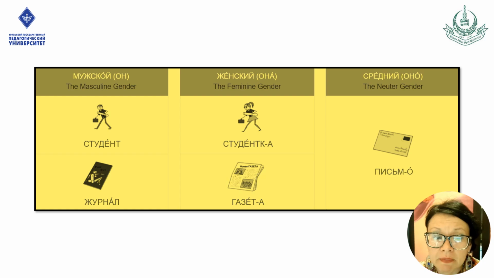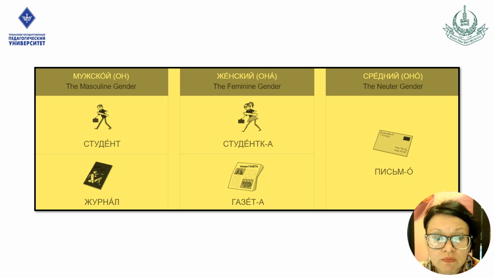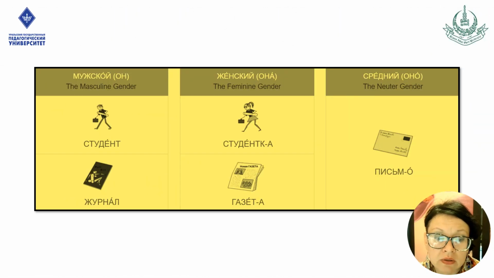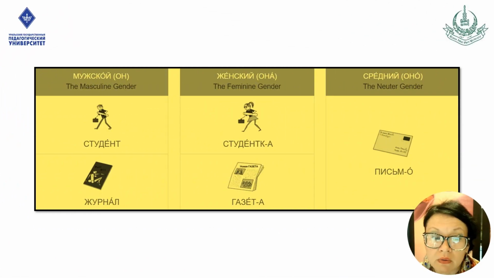So let us have a picture of pronouns. Here we have the personal pronoun он, the masculine gender. Student, журнал. I ask you to watch the ending letters. The endings are consonants, t and l, and these are typical endings of masculine gender.